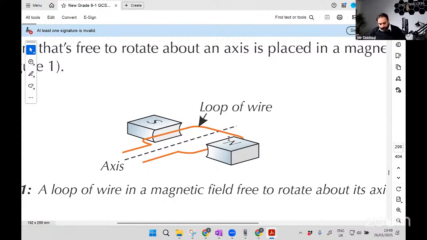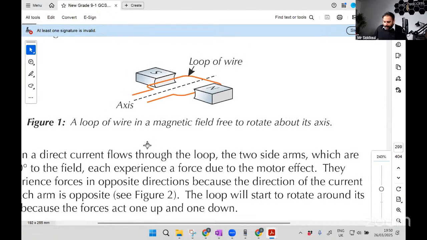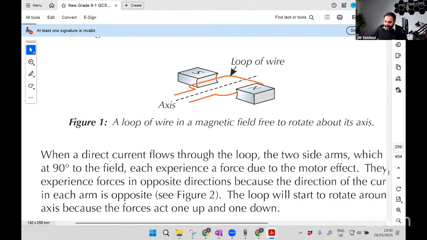So what we do is we get a wire, but crucially, we loop the wire. So the electricity will flow all the way around and back. Because we then put it in the middle of a magnetic field, there will be a force that the wire experiences because it's just going to be that motor effect that I've just been describing.